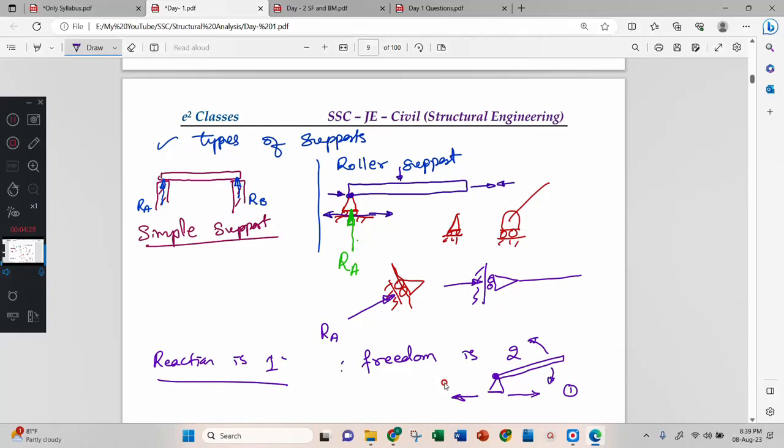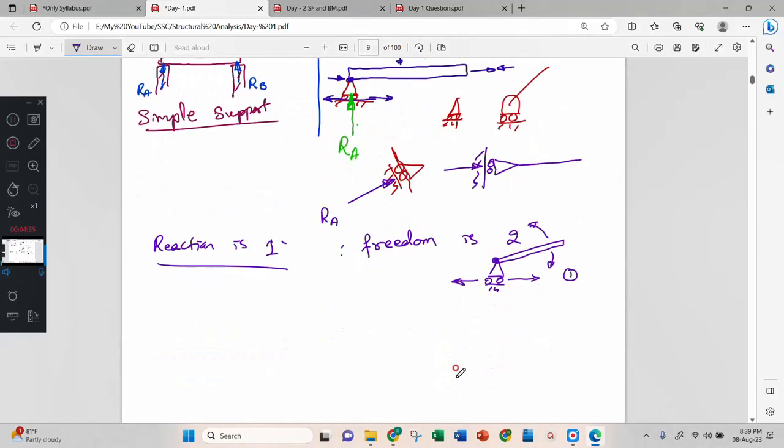This beam can rotate freely. Therefore, they will ask you how many freedoms are there in a roller support, and what are those. The two freedoms in a roller support are one rotation and one translation.